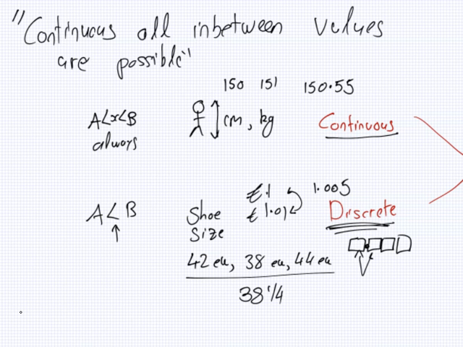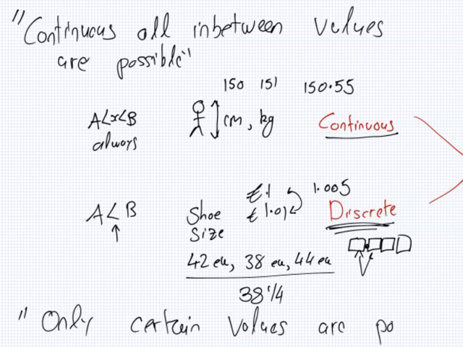And then with discrete, only certain values are possible. I don't know if you've done this before in school. You think you have? Yeah. We can practice with some examples.